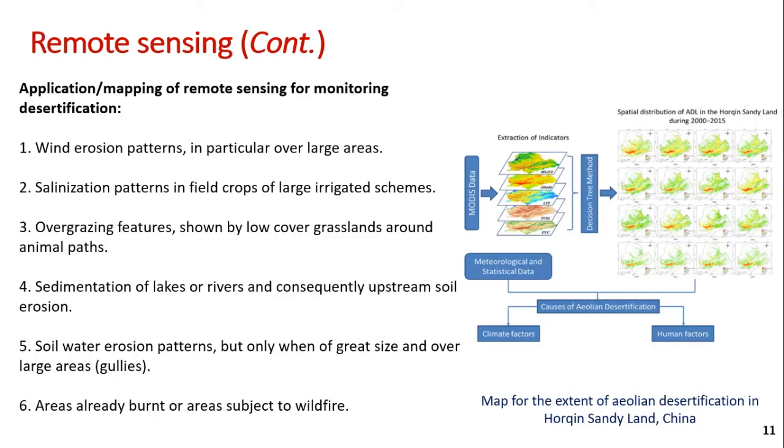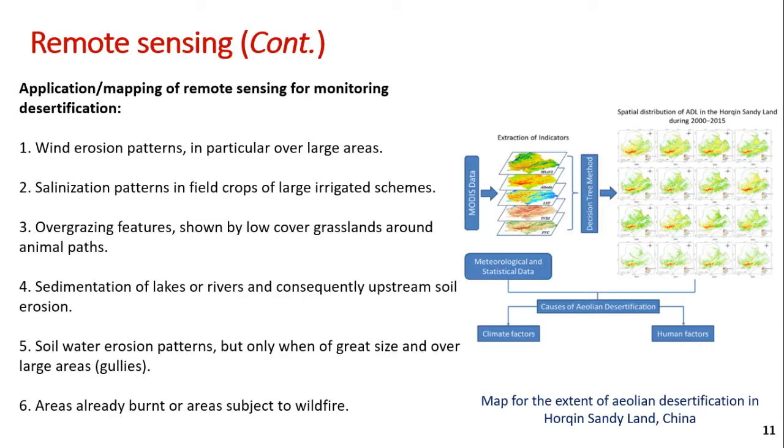You can also monitor desertification due to salinity. An example is what is done in Al-Batinah areas. You know that a lot of areas in the Al-Batinah area are undergoing this process of salinization and desertification due to salinity. So you can monitor that using remote sensing, collecting the maps and comparing them between, for example, 1970 and 2020.